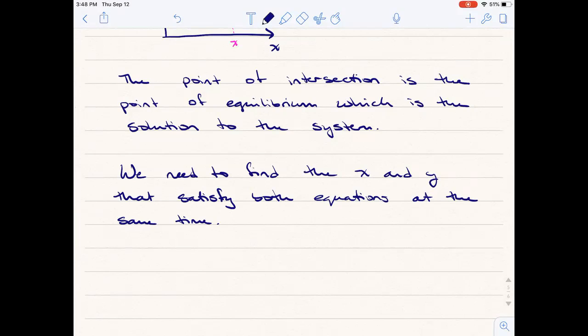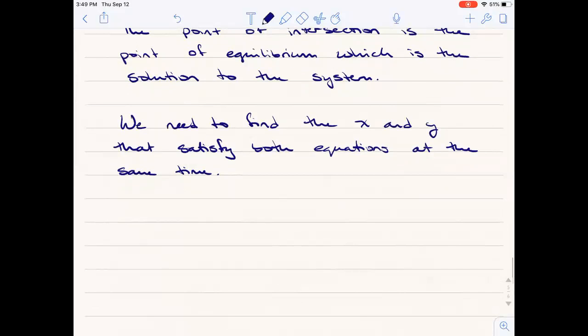There's probably more, but there's two very common ways of doing this. If you keep going a little bit into math, then you'll learn about matrices, and then you can just use matrices to do all this math, and it's really fun. But we won't use matrices. We're just going to use either substitution, which is kind of my favorite, or elimination.